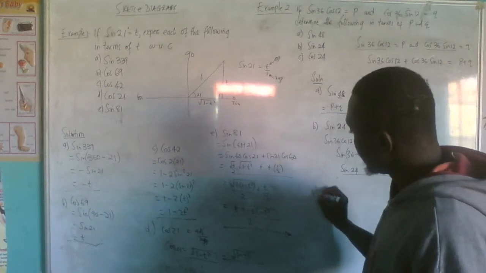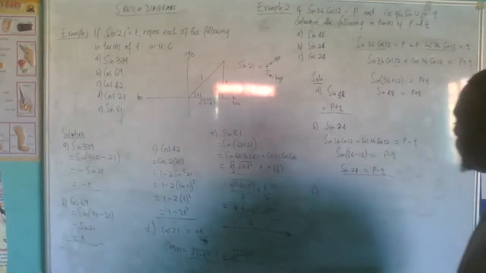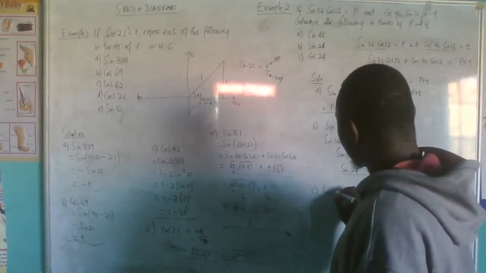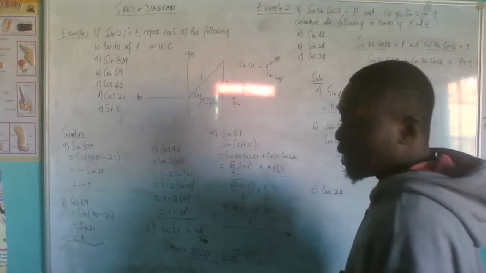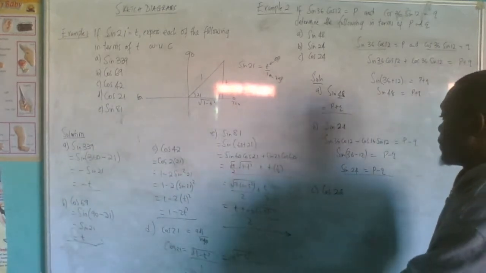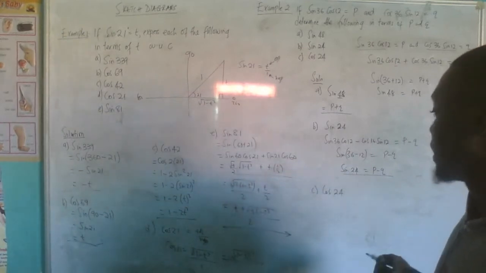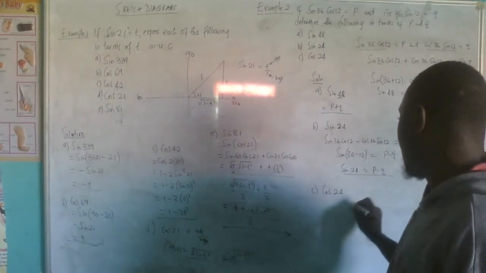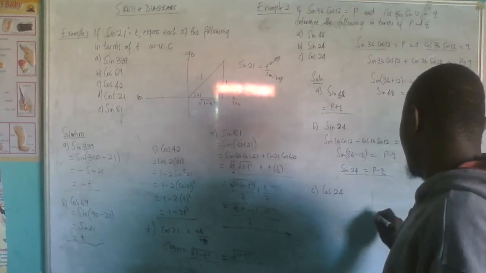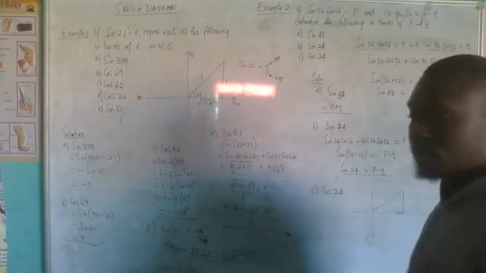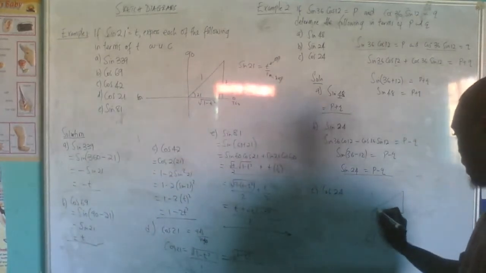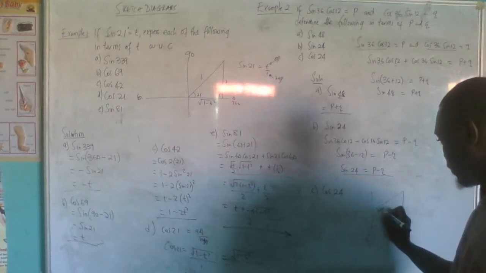The next one, which is C, will be cos 24. How do I get cos 24? Since I have sine 24, all I need to do is draw a diagram. This is my triangle, and this angle is 24.